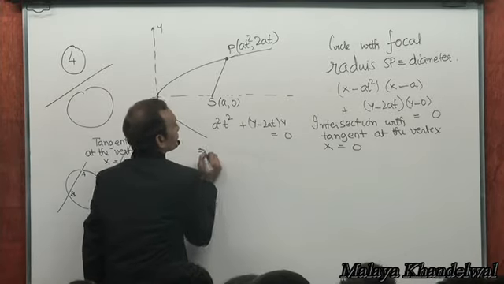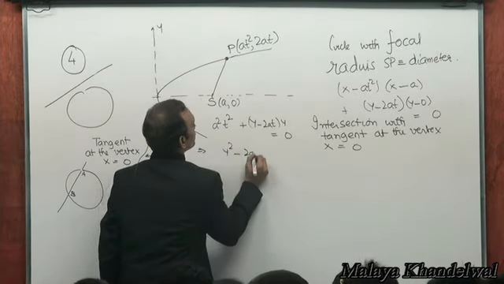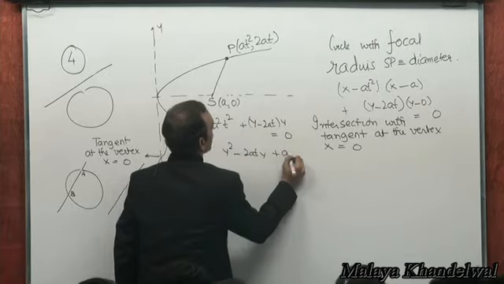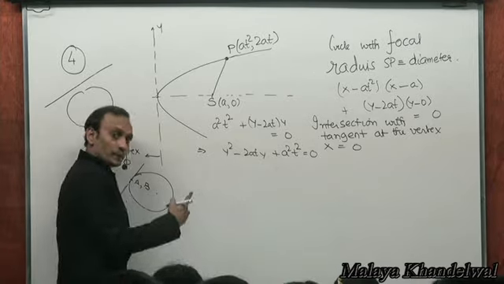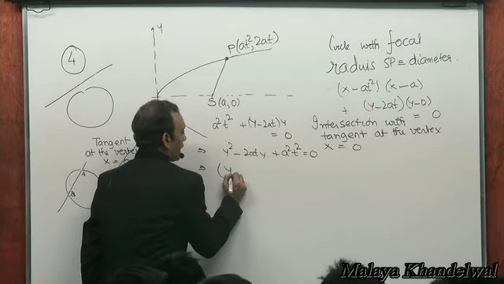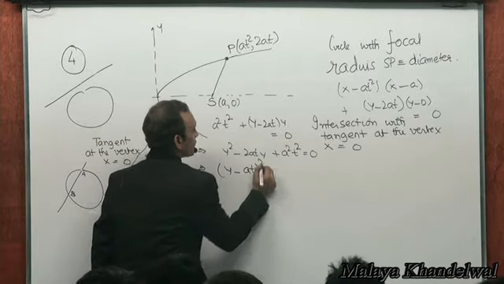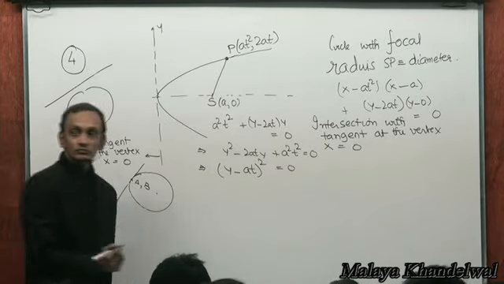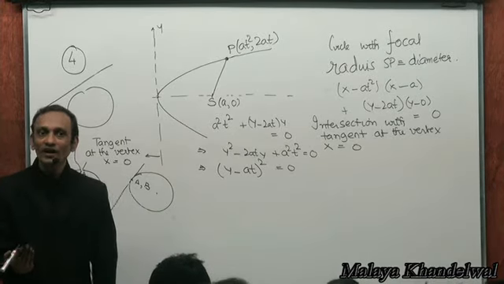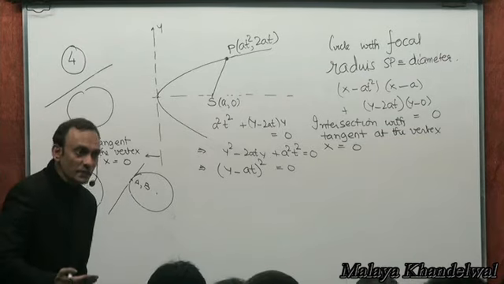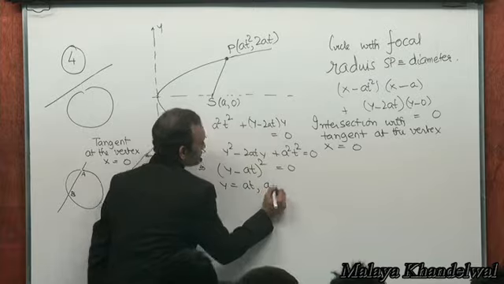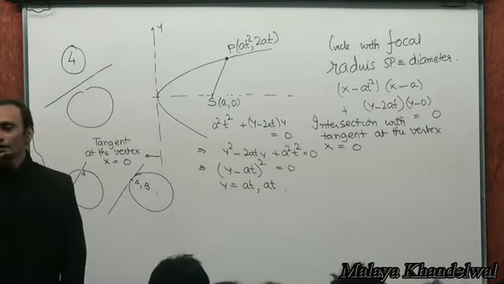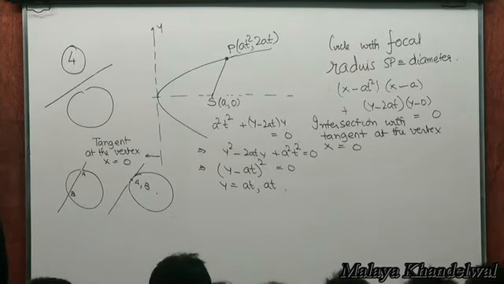Which is y squared minus 2aty plus a squared t squared is 0, which means (y minus at) whole squared is 0. It gives me equal values of y, coincident points of intersection. The two values of y are at, at. Coincident points of intersection between the line and the circle. Yes or no?